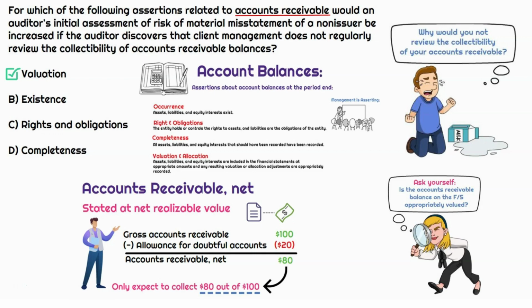So if it's supposed to be paid within 30 days, but based on that invoice date, it's been 90 days, well, the longer you get past that due date, probably the less likely it is that the customer is actually going to pay, right? So that becomes a doubtful account. So that's one piece of documentation that you could use to assess the collectability of those outstanding accounts receivable balances.